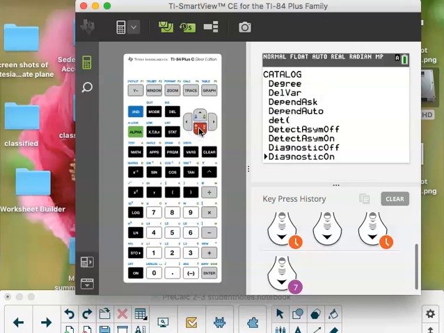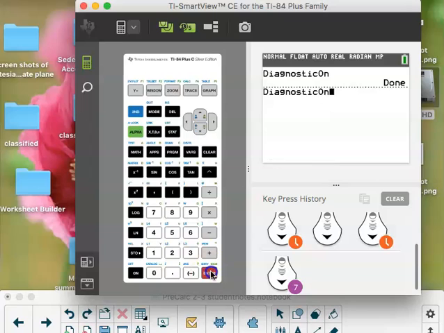There it is. And then we have to hit enter twice, because the first time is just to choose it. And now it's on that main screen, that execution screen. And so then we hit enter again, and now it's done and it's turned on.